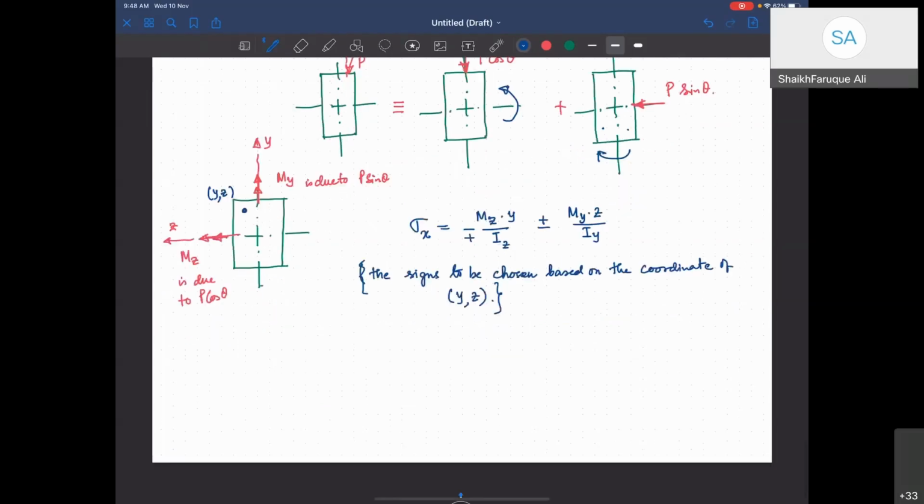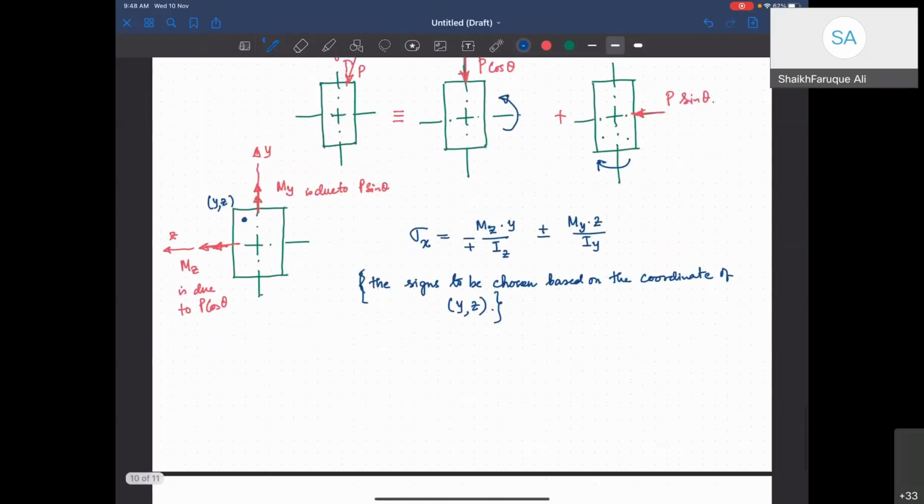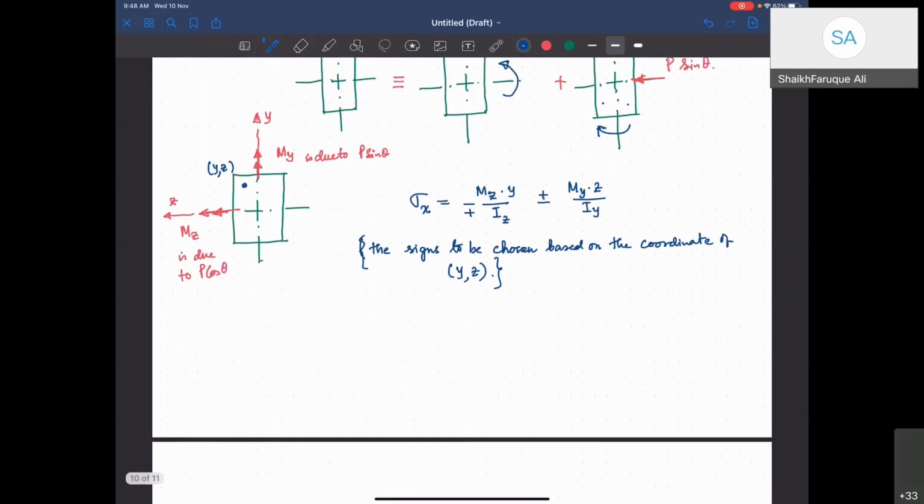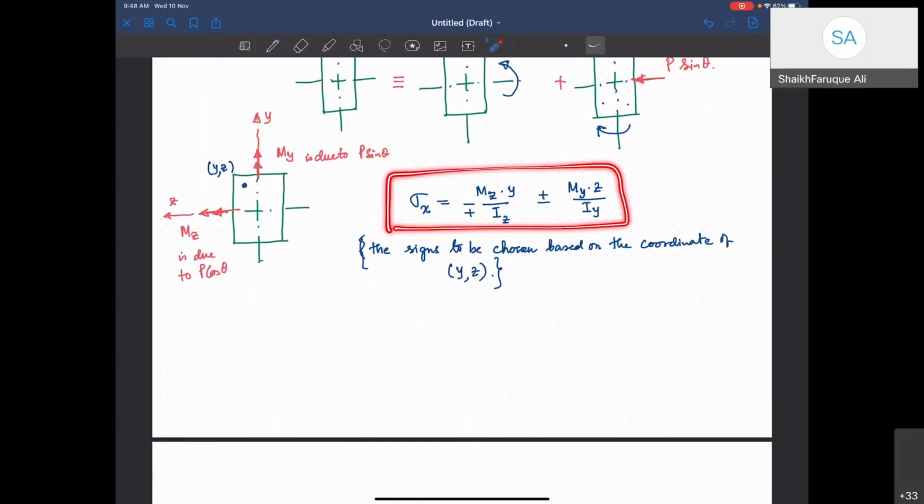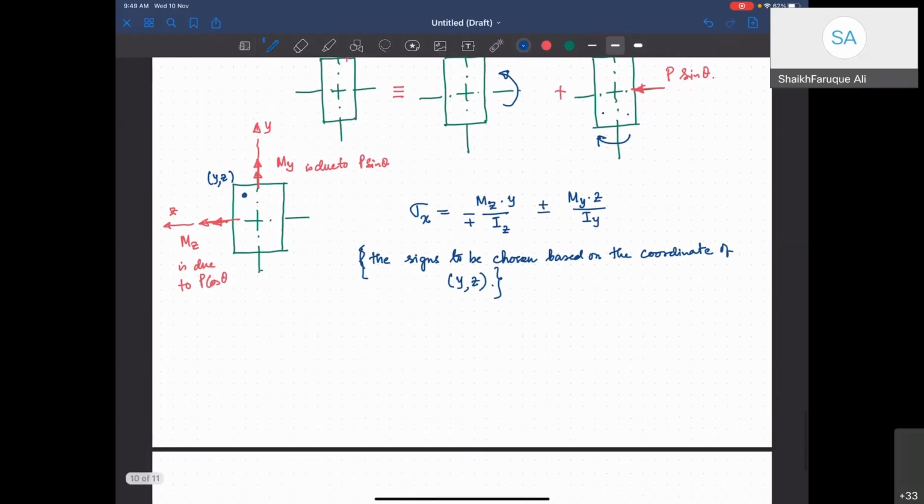Another point is that since it's going to have different positive and negative signs, your neutral axis is not going to be the same. Let me draw that. It will be easier to see the drawing. Now let's say that Mz is acting. Mz is in this direction, right?